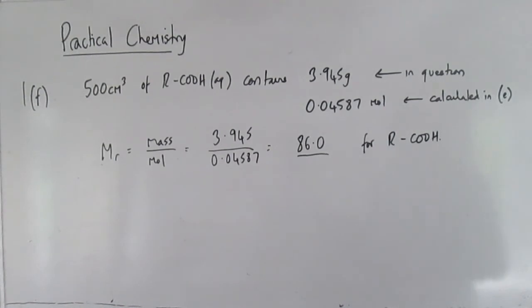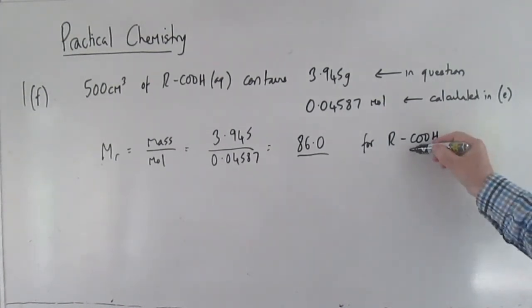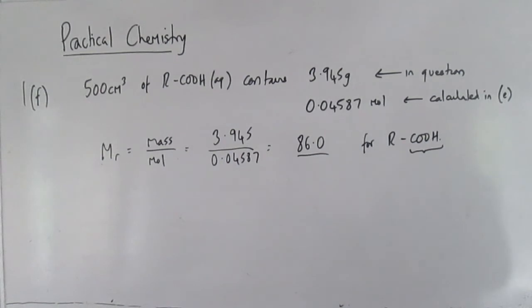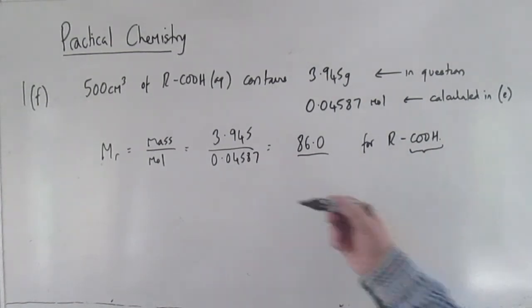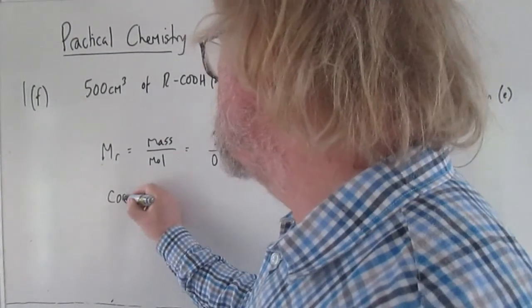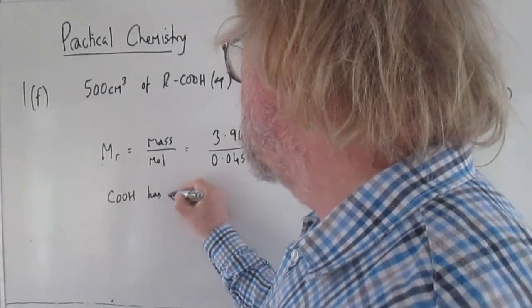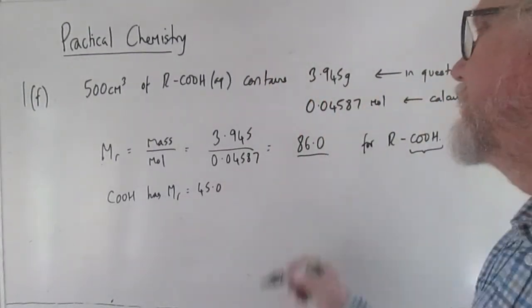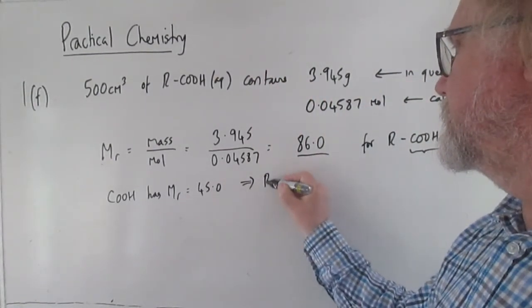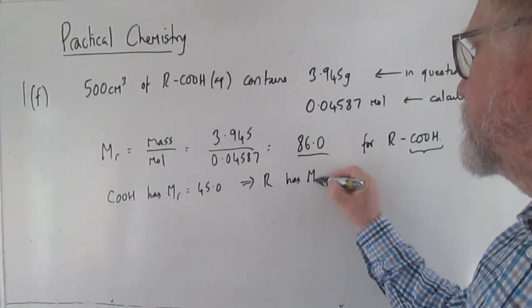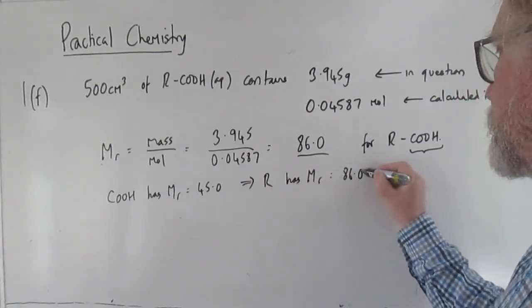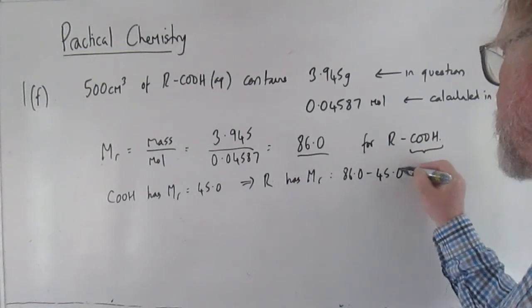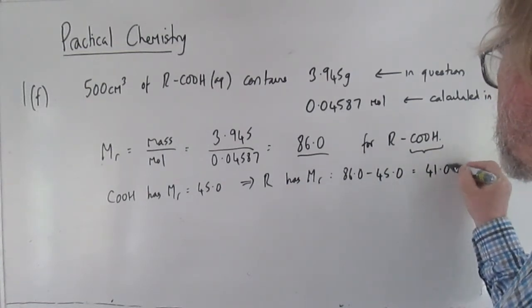So then you say, right, I can add up what COOH comes to and subtract that away from the 86, and that will leave you with the MR of the R bit. So we write down that COOH has an MR which, if you add it up, is 45.0. So that means that R has an MR equal to 86.0 minus 45.0, which is 41.0.